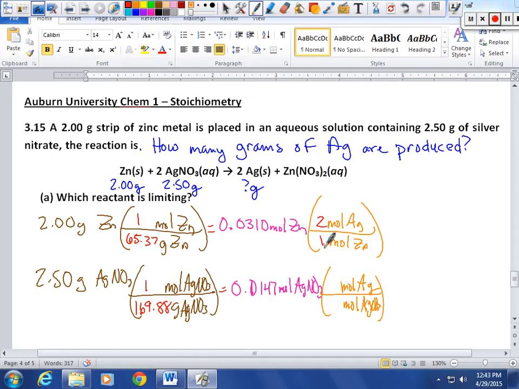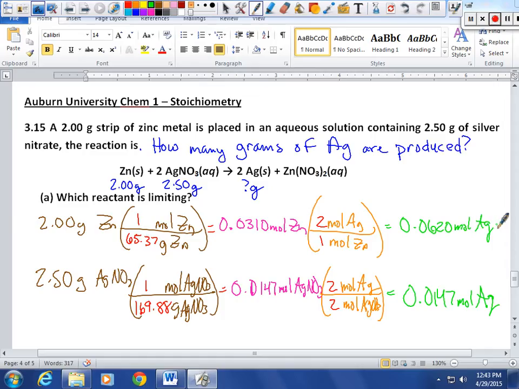And what is it from silver to silver nitrate? 2 to 2. So what does that change about the bottom value? Nothing. 0.0147 moles of Ag. And then somebody double that top one for me. 0.0620. Alright, so there's our moles of our unknown.